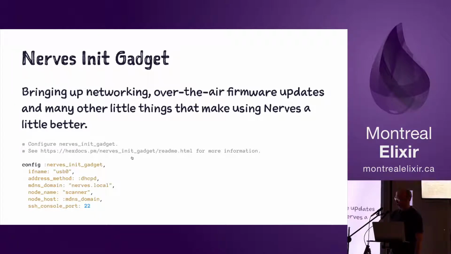This is the default configuration when you do a mix nerves.new. You specify the interface name, the address method, the domain, the node name, that is the Elixir BEAM node name, scanner, and the SSH console port. Pretty simple.